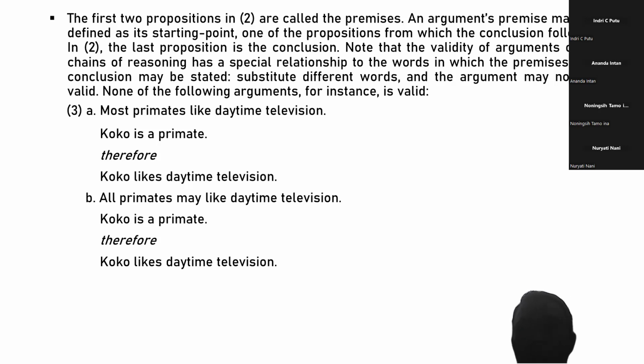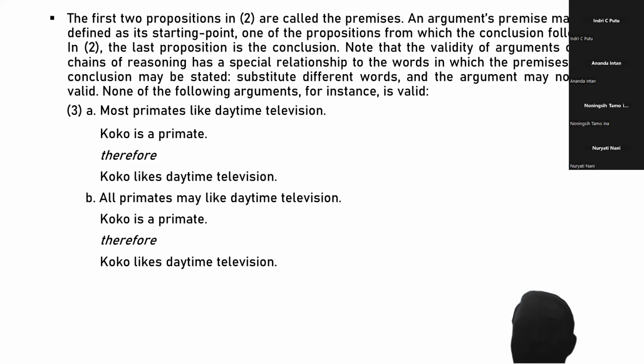So here, the conclusion is the same, Coco likes daytime television, because the first statement in the first proposition or premise is not really important. Most primates and all primates are not really needed in making the conclusion.